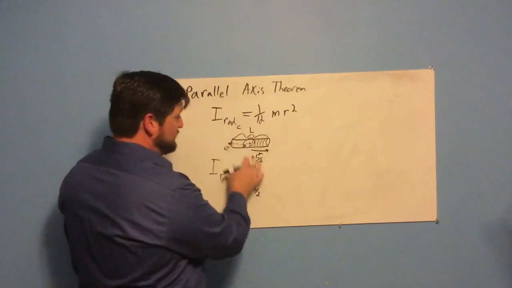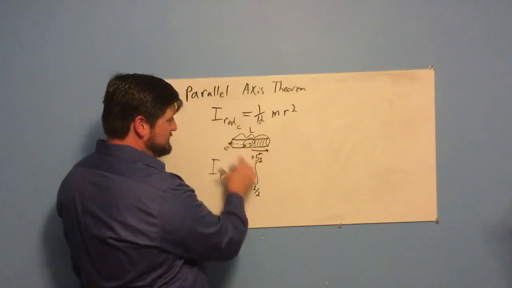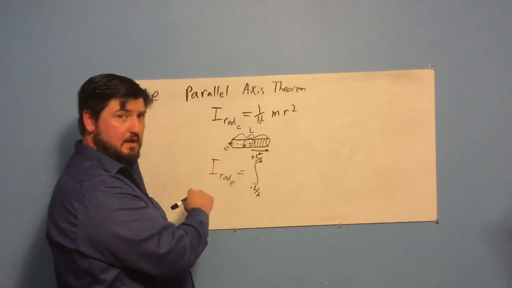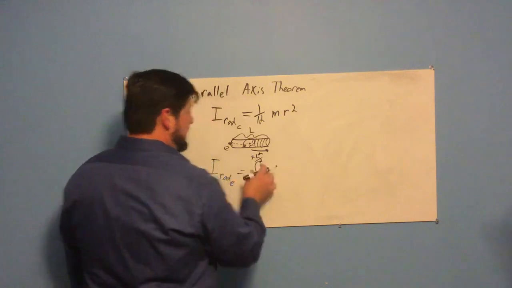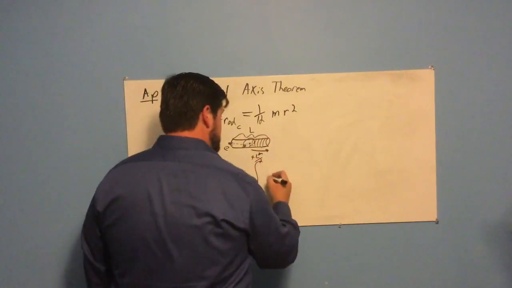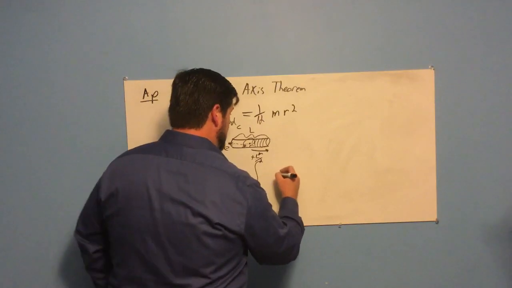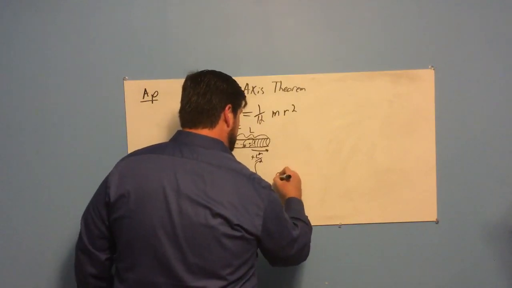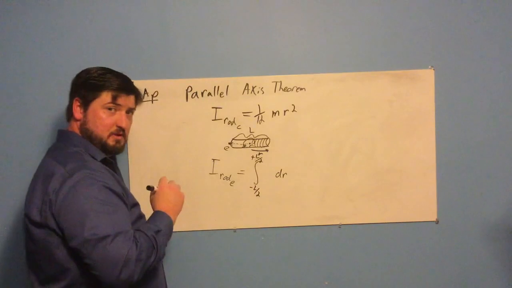If you're only going halfway through here, you can adjust these points. The thing that's moving is your R, so it's going to be with respect to R.